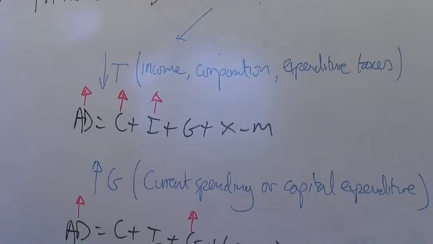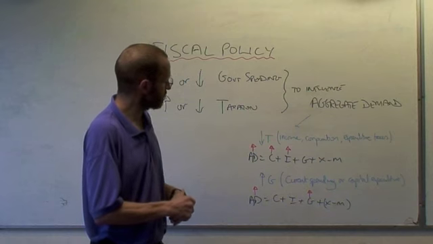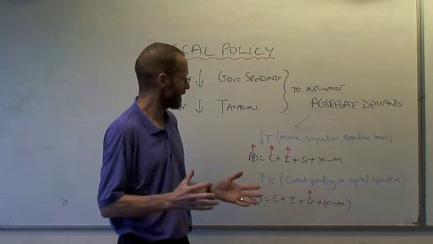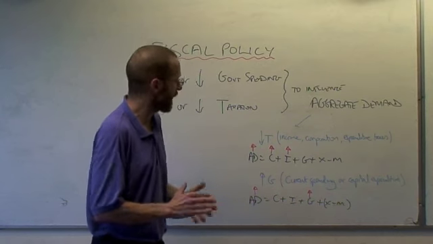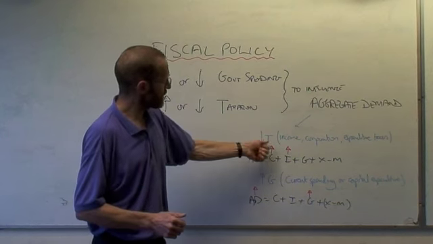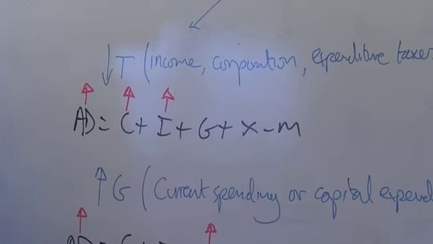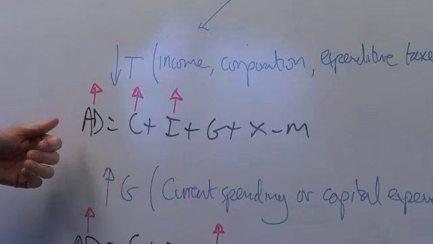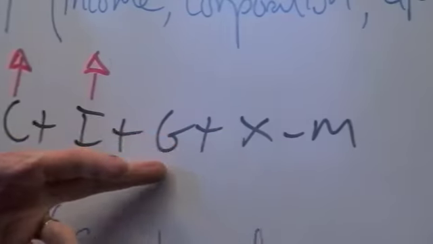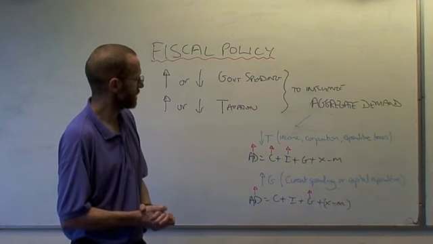At the same time, they could cut corporation taxes, that is tax on company profits, and as a result firms would have more money left after the government has taken their share of the profit, so they'd have more money to plough back into the business, and there could be an increase in investment. So a decrease in taxation will normally lead to an increase in consumption, an increase in investment, and therefore an increase in aggregate demand, assuming all other things remain unaltered. The ceteris paribus assumption, assuming all other things remain unaltered.